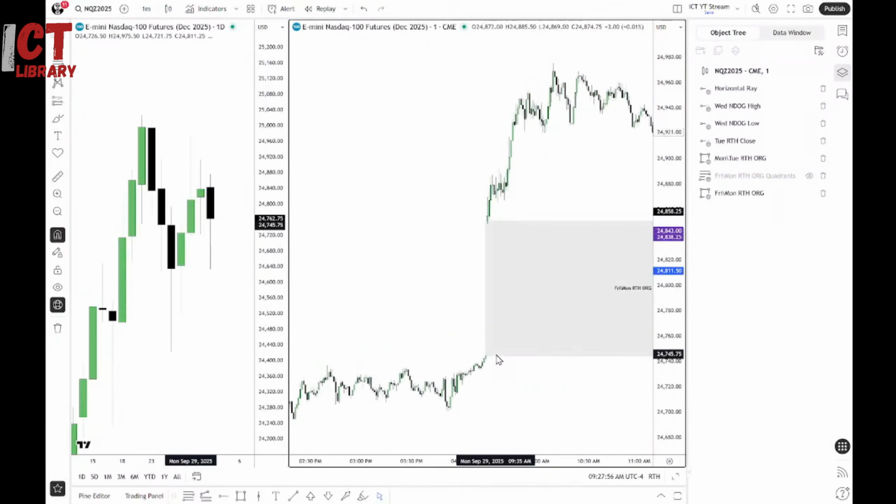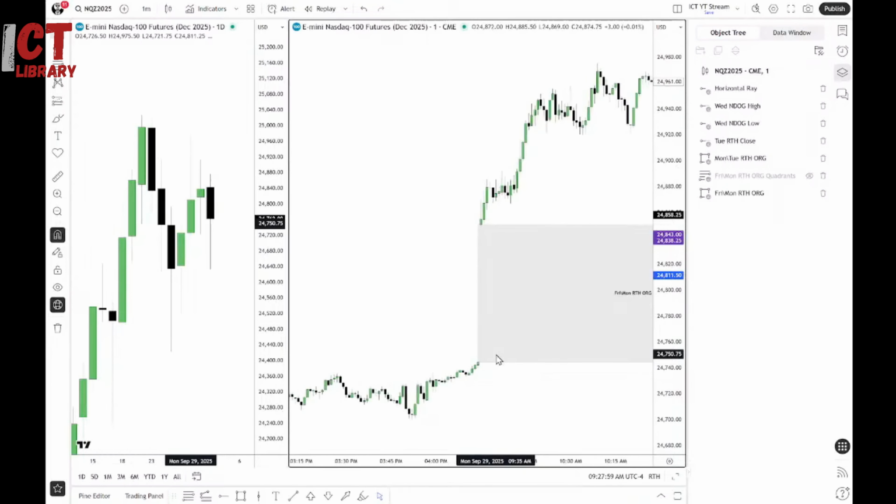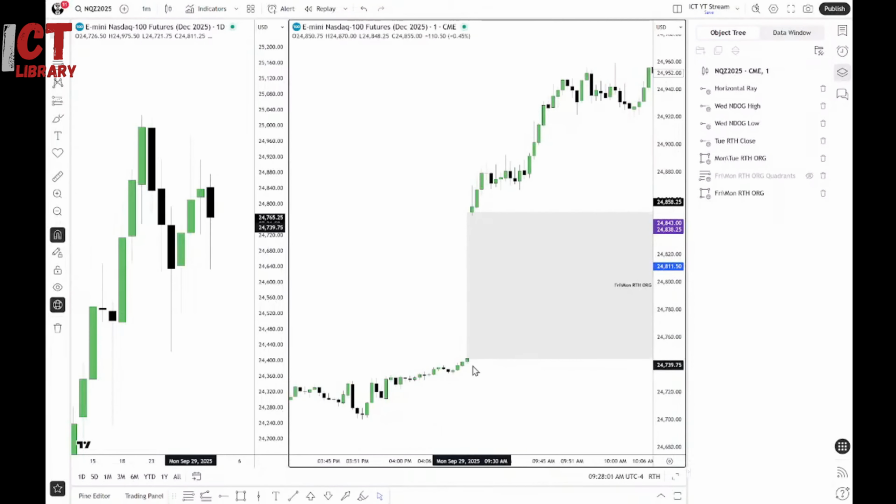Here's Friday. Let me zoom in a little bit better. So here's Friday's last print on regular trading hours at 4:14 p.m. Eastern time, and then here's 9:30 opening on Monday. So that difference there. Now I'm going to showcase the quadrant levels.